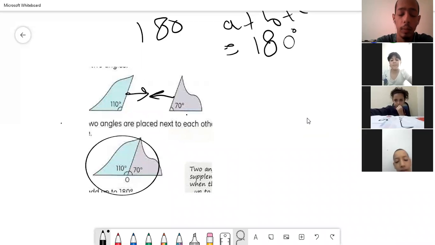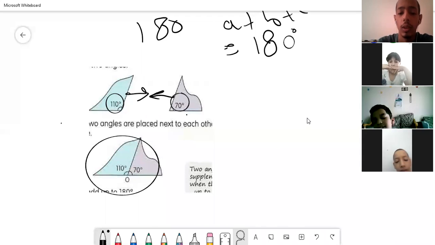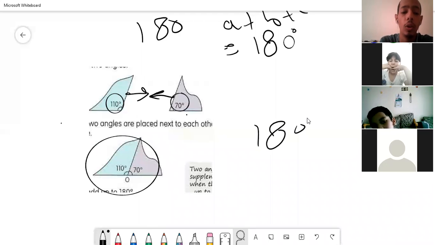Now 110 plus 70 equals 180. So you can see that they are on the straight line.